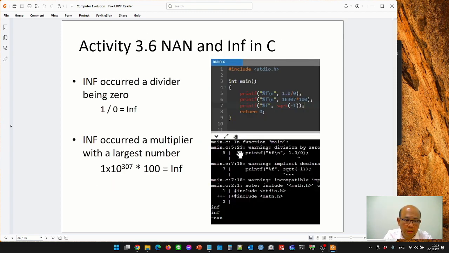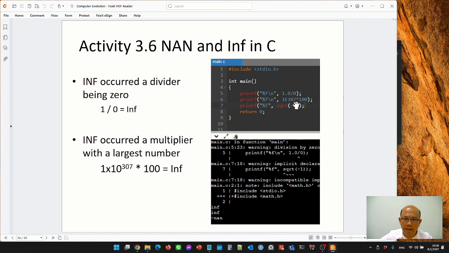For example, I show you INF here. I generate it by 1.0 divided by 0, and get the output infinity. And here, 1E307 is a maximum boundary in the floating point number. What is the meaning of this? It is 1 followed by 307 zeros.